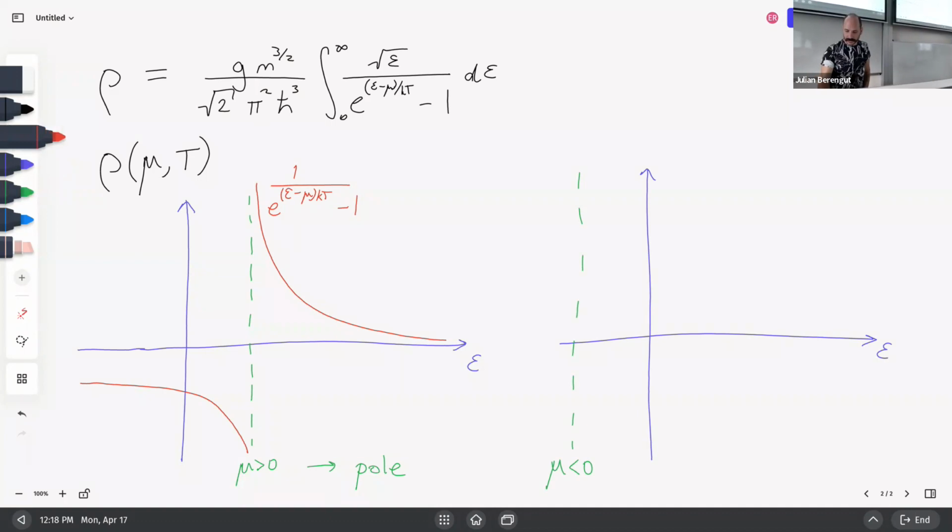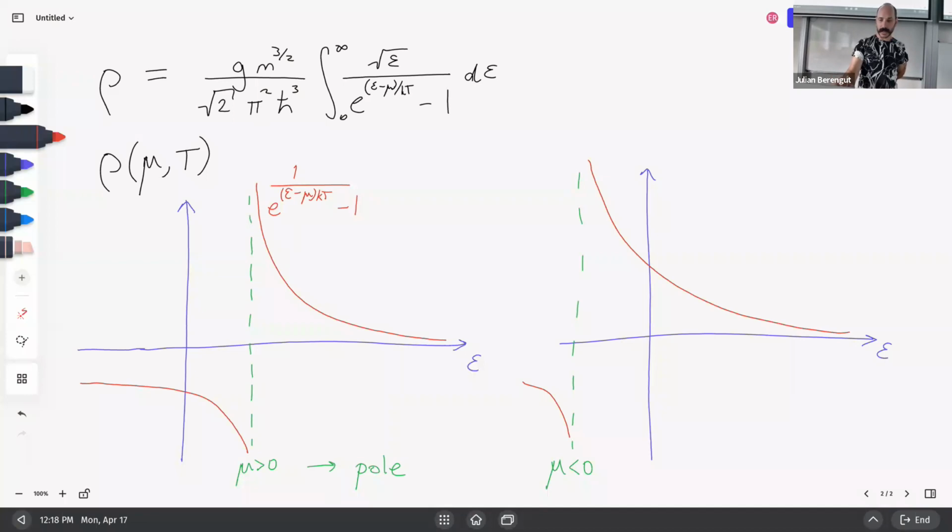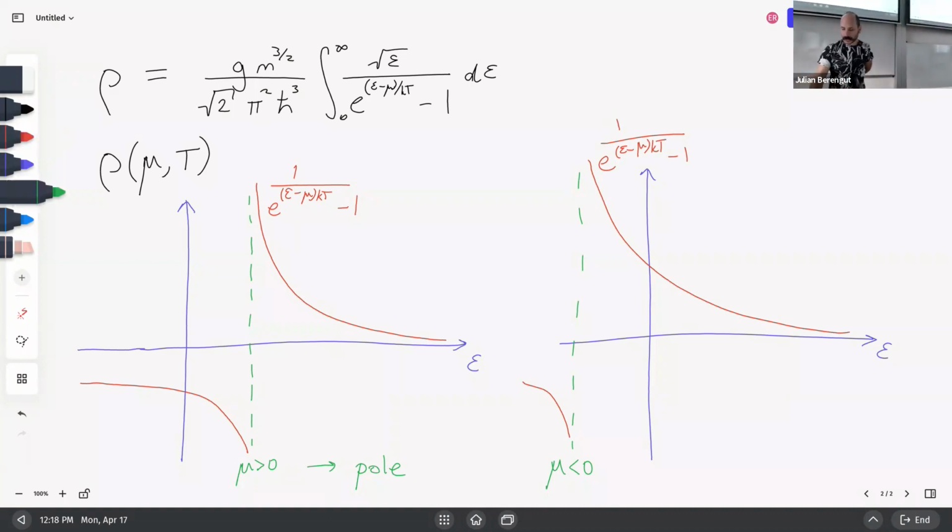There's a pole down here, fine, and then up here it looks like that. This is the same 1 over e to the epsilon minus mu over kT, minus 1. Now in the positive epsilon space it looks good. If I multiply that by the square root of epsilon, I will get something that looks like, what color? Blue.